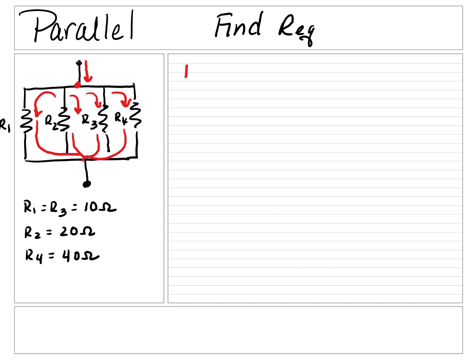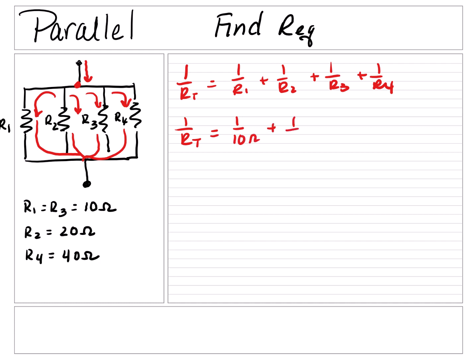So the equation for total resistance is 1 over R1 plus 1 over R2 plus 1 over R3 plus 1 over R4. So 1 over RT is equal to 1 over 10 ohms plus 1 over 20 ohms plus 1 over 10 ohms plus 1 over 40 ohms.